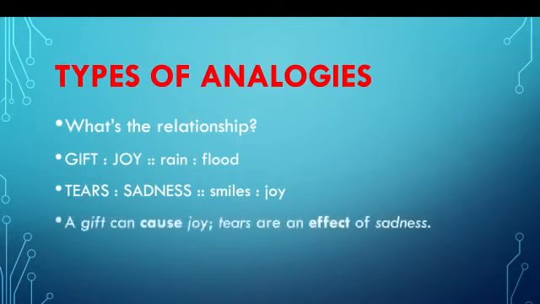Now, a gift can cause joy, and tears are an effect of sadness. You guessed it, this is cause and effect. The cause at the very beginning, the gift, effects the joy. The tears, the cause, effects the sadness.